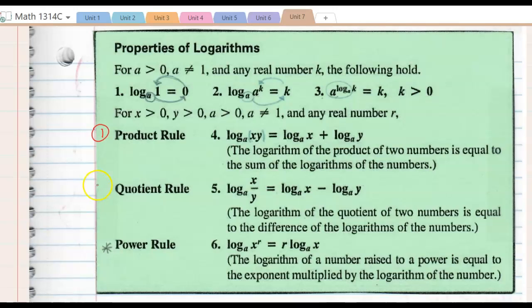The biggest properties that I do want you to be concerned about are these three: the product rule, the quotient rule, and the power rule. The product rule says that if you have two things being multiplied, it's the same thing as getting the log of the first one plus the log of the second one. So if you have log base a of x times y, then I can find the log base a of x and add it to the log base a of y. Notice they have to have the same base.